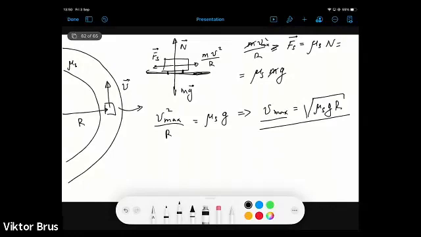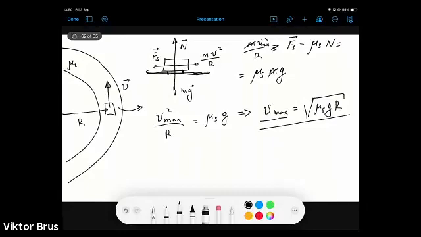So it's a big difference if you go into this curved trajectory of the road when you drive during summer, when the asphalt surface is under normal conditions, or during winter when it's covered with snow and ice. Definitely this mu s will be smaller and maximum velocity allowed will be much lower. That's why it's important to replace your tires from summer to winter, and don't forget about this. It's your safety.